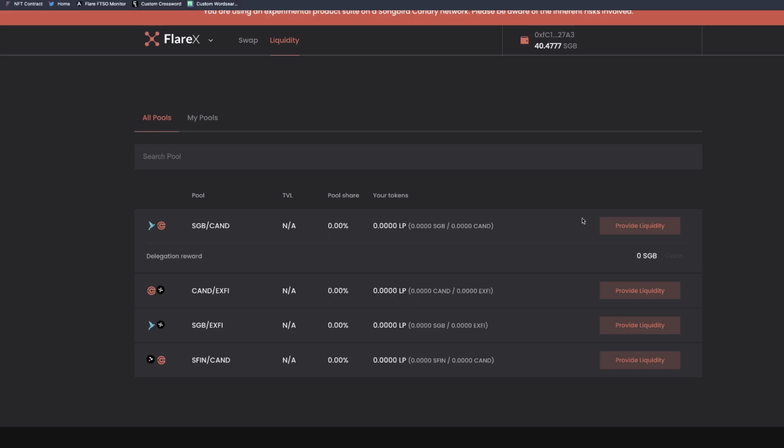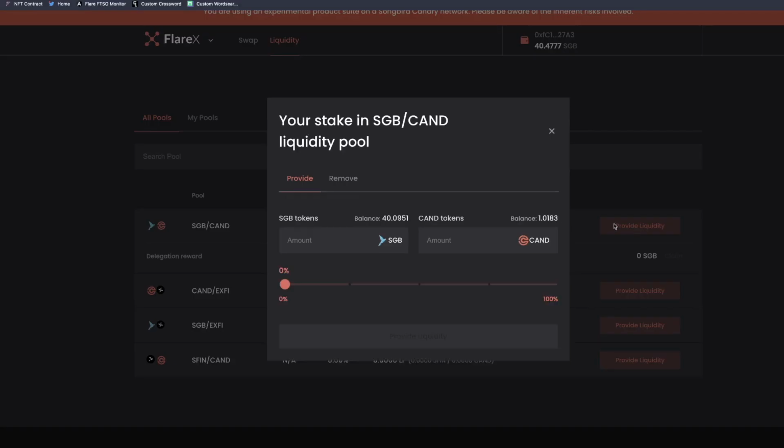If we click down here to provide liquidity, we can see that if you enter just one Canary dollar, you will have to provide, at the same time, around 7 Songbird tokens. This is because the liquidity pool requires equal amounts or equal values of each token: 1 Canary dollar worth of Canary dollars and 1 Canary dollar worth of Songbird tokens.